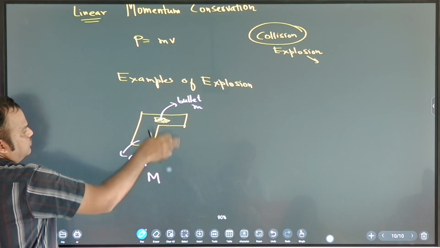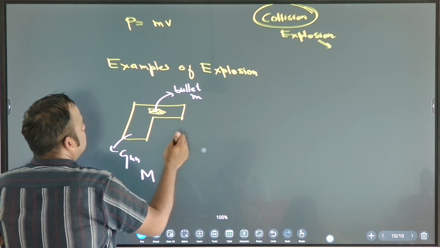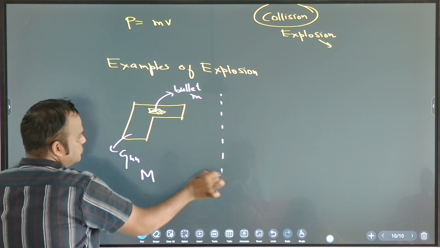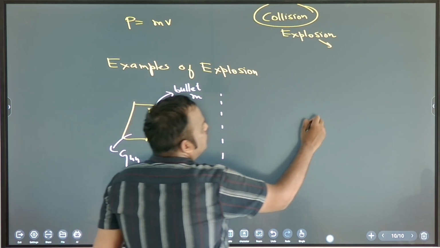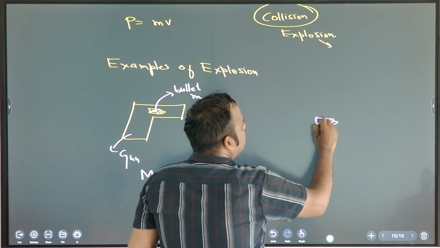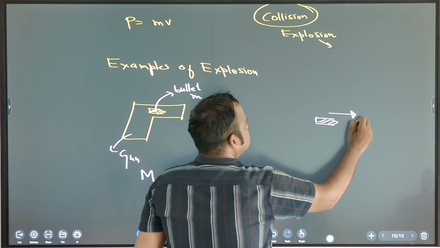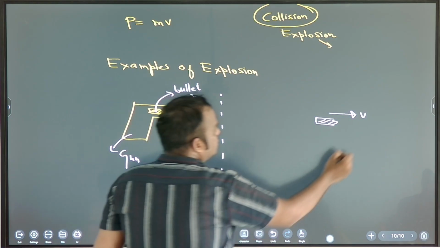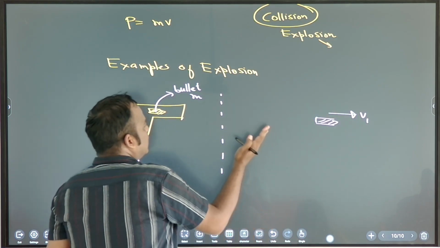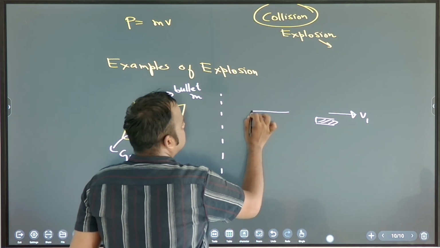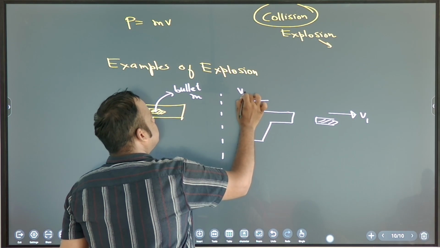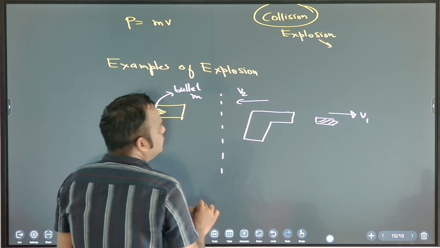So when the bullet is fired, the bullet will acquire momentum in the rightward direction. Suppose the velocity of the bullet is v1. So the gun will recoil backward with speed v2.